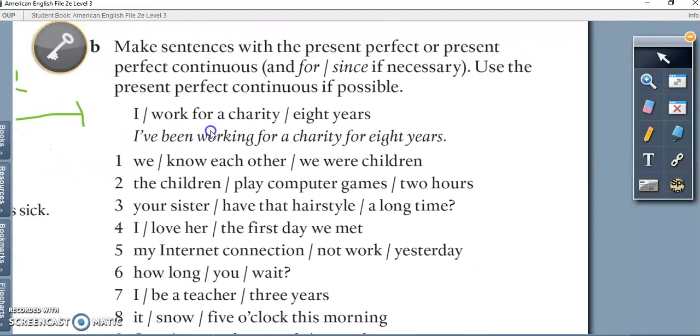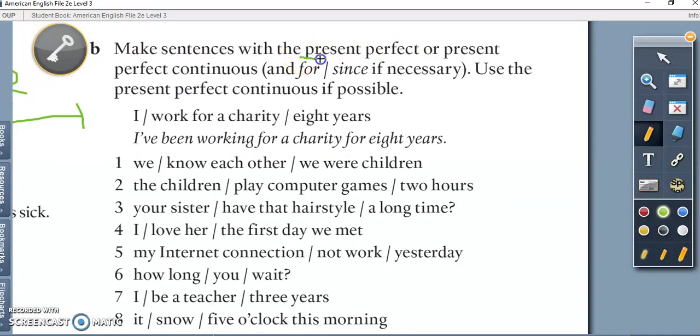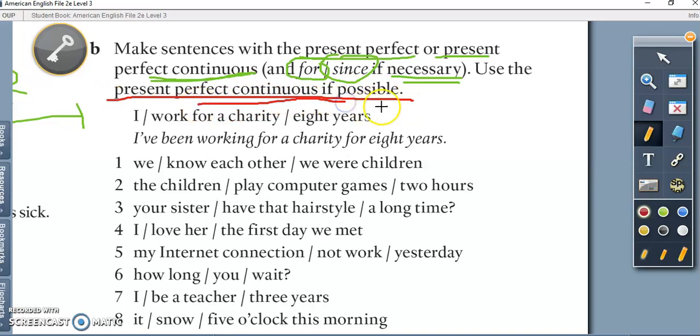And in part B, you're going to make sentences with the present perfect or the present perfect continuous. You're going to use for or since only if they're necessary. Preferably use the present perfect continuous. If you cannot use the present perfect continuous, then you're going to use the present perfect simple.